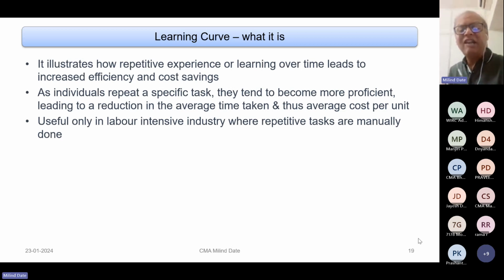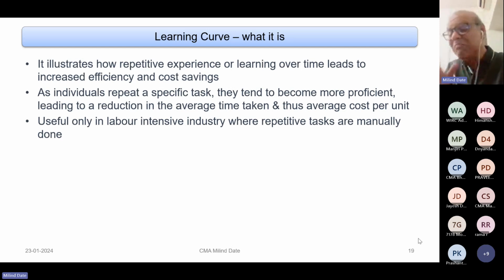So a learning curve index represents a rate of learning leading to improvement in efficiency. For example, if the learning curve index is 0.8, it denotes an 80% learning curve. And if the learning index is 80%, that indirectly tells you there is a 20% reduction in the cost.